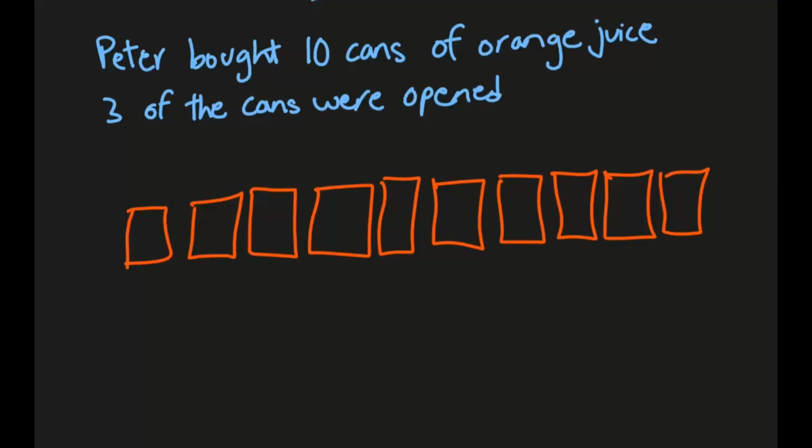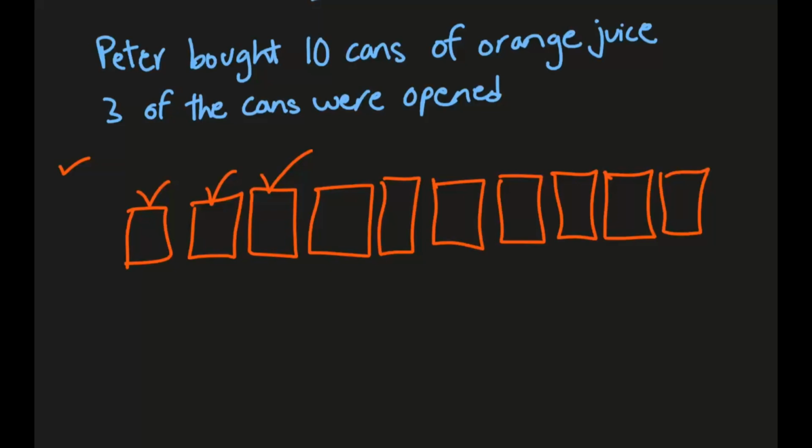Now we know that 3 of the cans were opened. So for the open cans, we're just going to put a check mark like this. So let's do that. 1, 2, and 3. So we have the 3 cans that were opened.